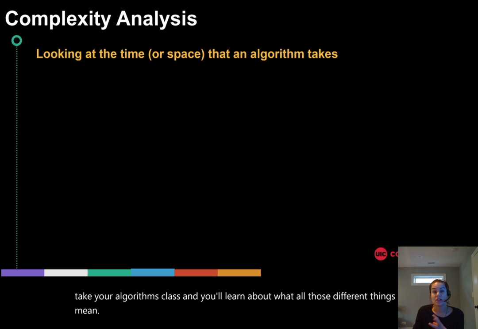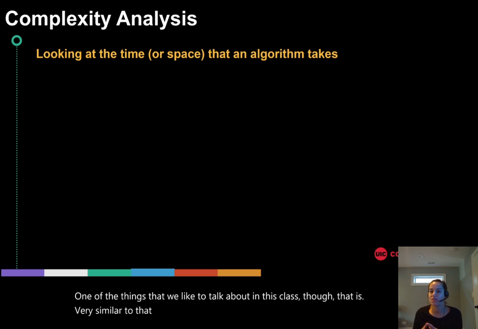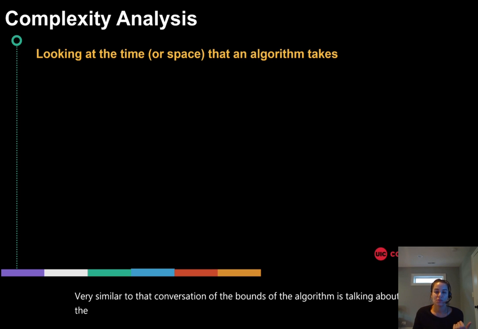One of the things that we like to talk about in this class, though, that is very similar to that conversation of the bounds of the algorithm, is talking about the different varieties of big O that you could even think about. So again, you can talk about big O in terms of space and time.